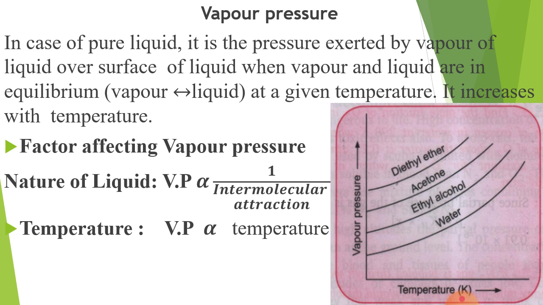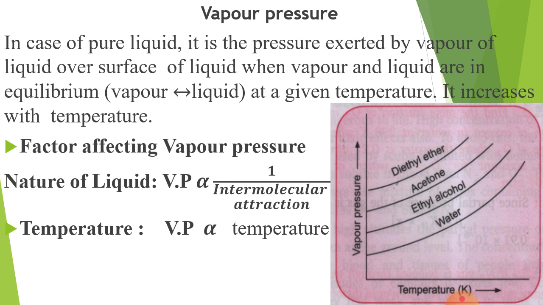Second thing, you have to know about the vapor pressure. This can be calculated in a closed container, because in open container vapors are escaped to the environment, that is at atmosphere. That's why the vapor pressure we cannot calculate in the open container, but in closed container.